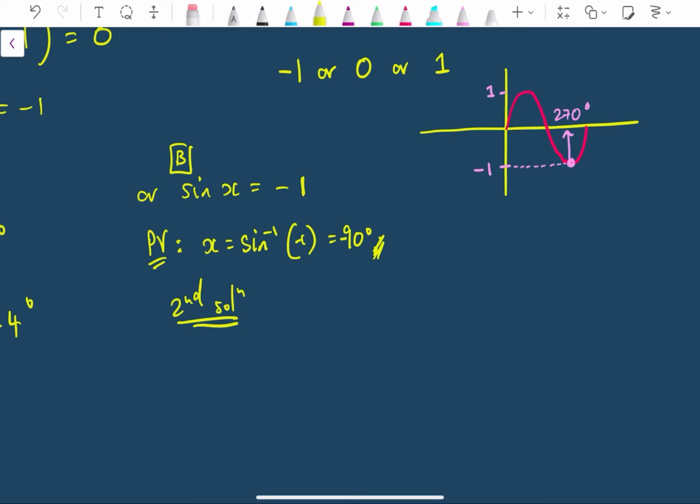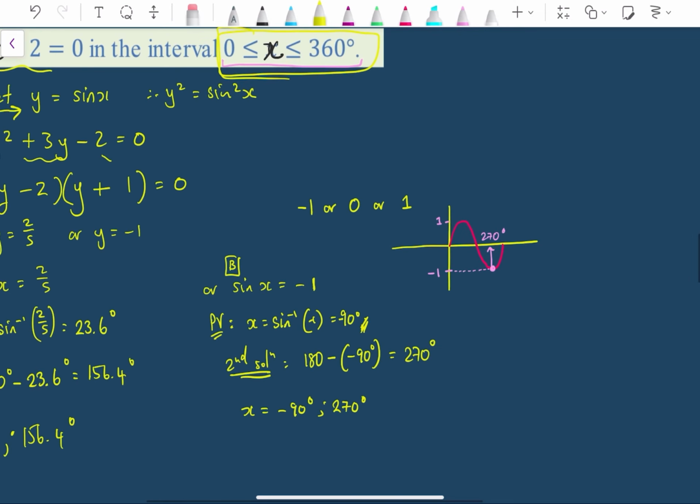So that says for sine it's 180 minus 90, which becomes 180 plus 90, which is 270. So x is equal to minus 90 and 270. I notice that this one falls outside.